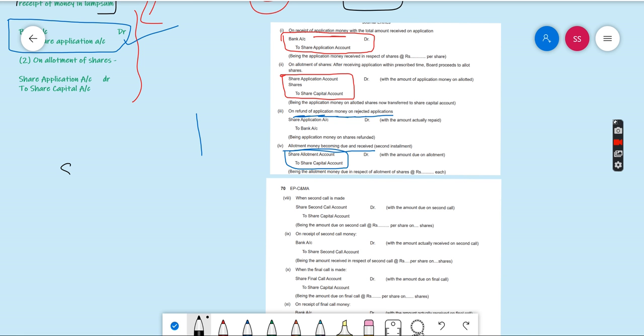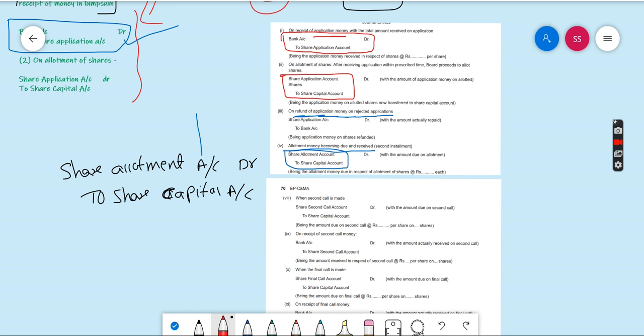It's a due entry. When you receive the money from them, you will write bank account debit to share allotment account.